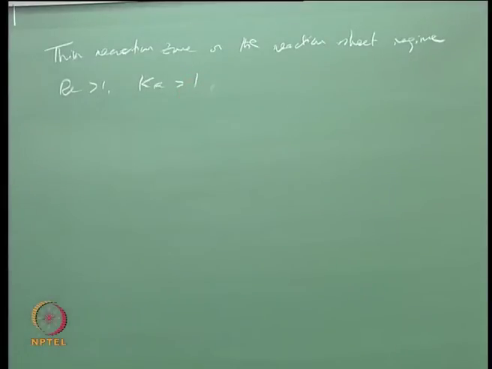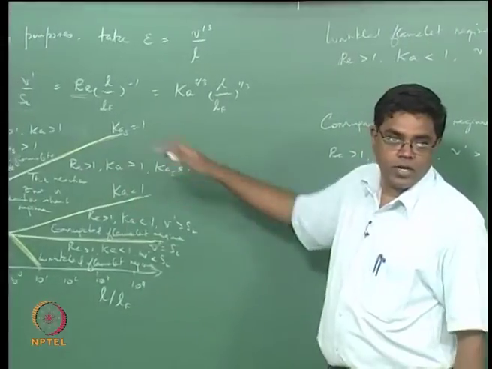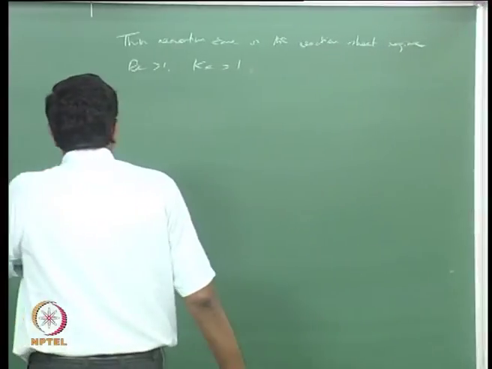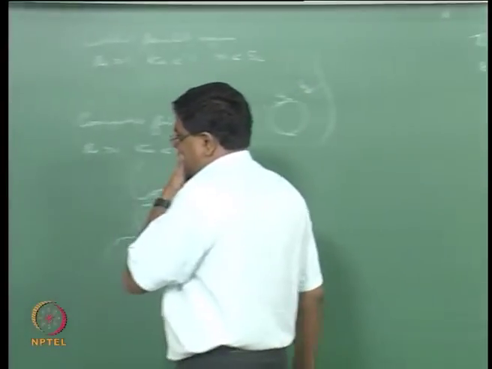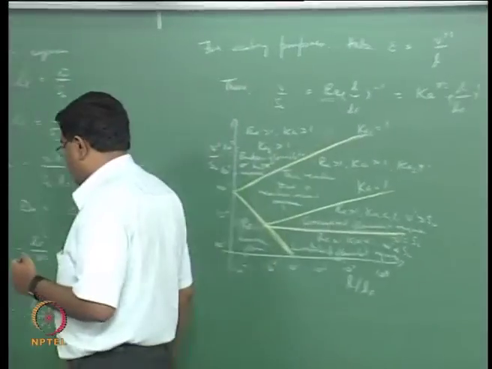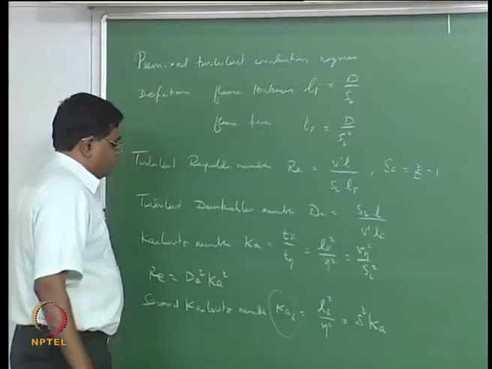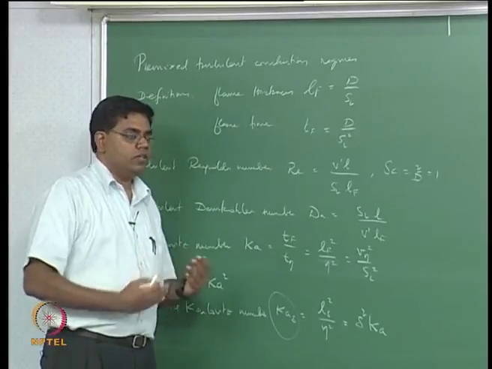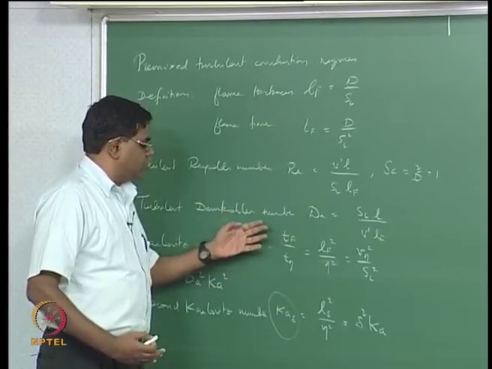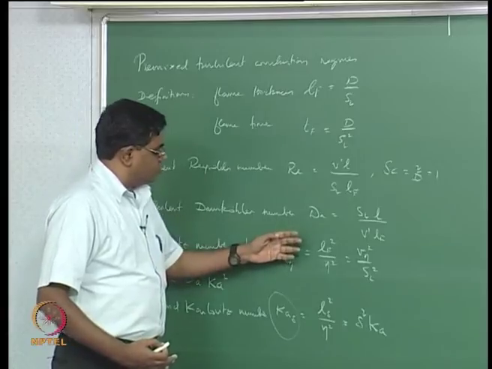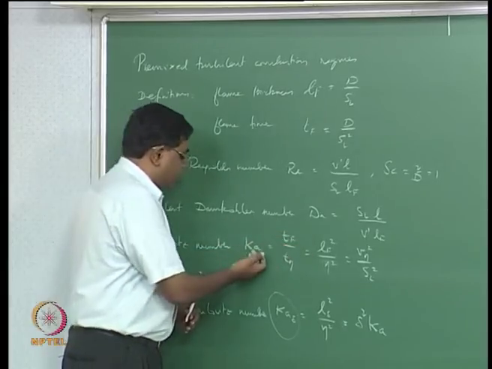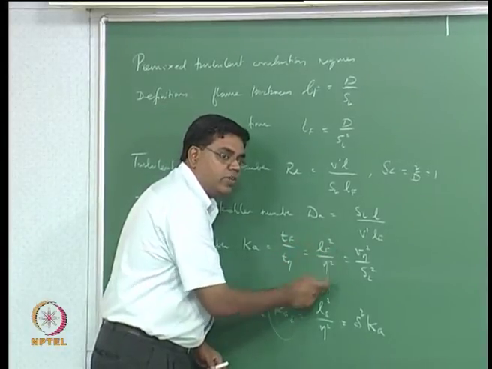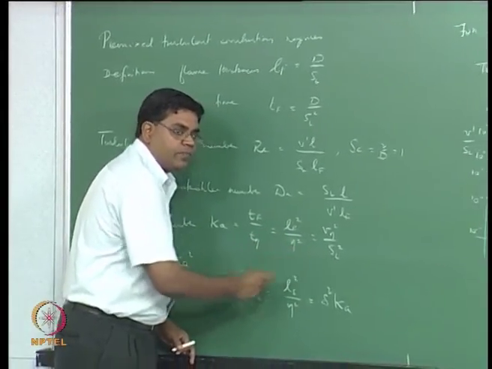We have gone past that long back. Therefore, Karlovitz greater than 1 means the turbulent scales are now bigger than the flame. Look at this: if Karlovitz is greater than 1, then the flame thickness is now getting to be bigger than the turbulent scales.